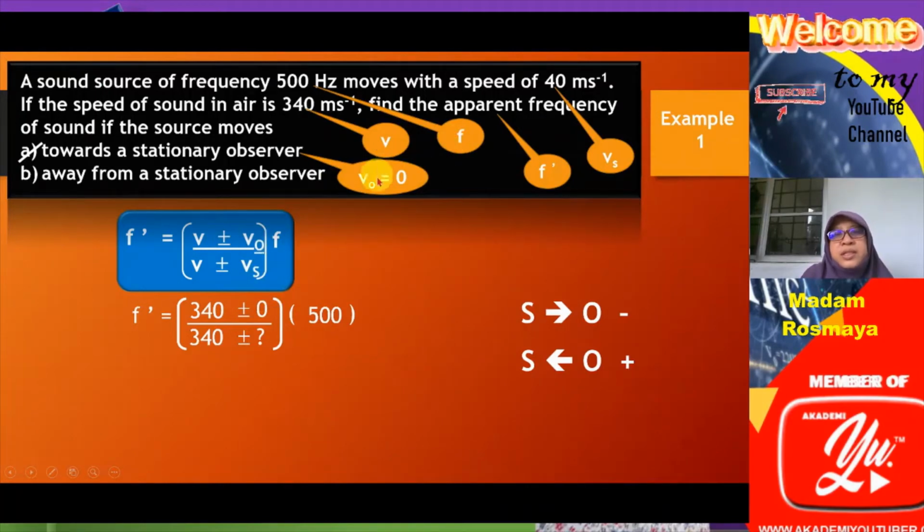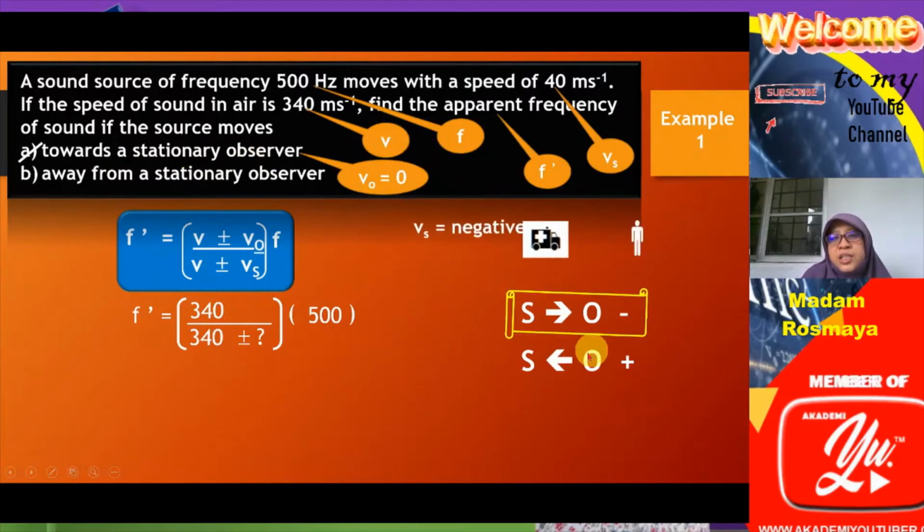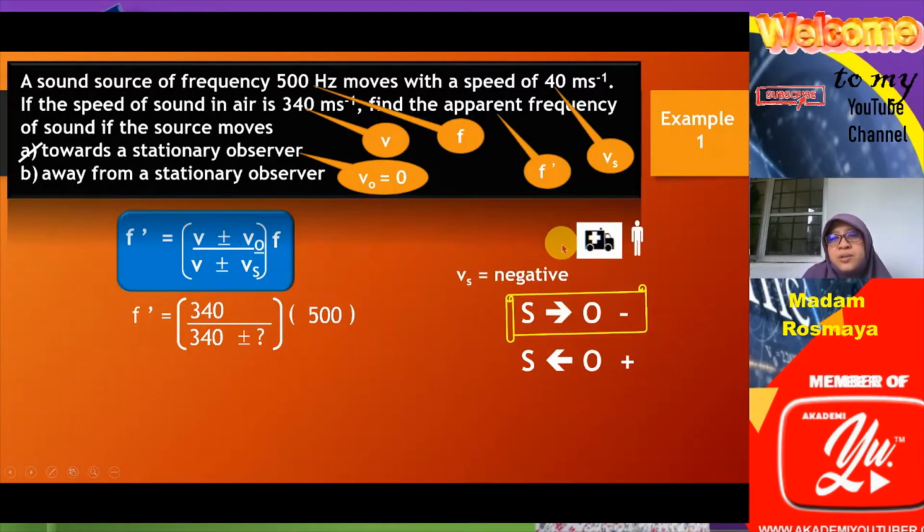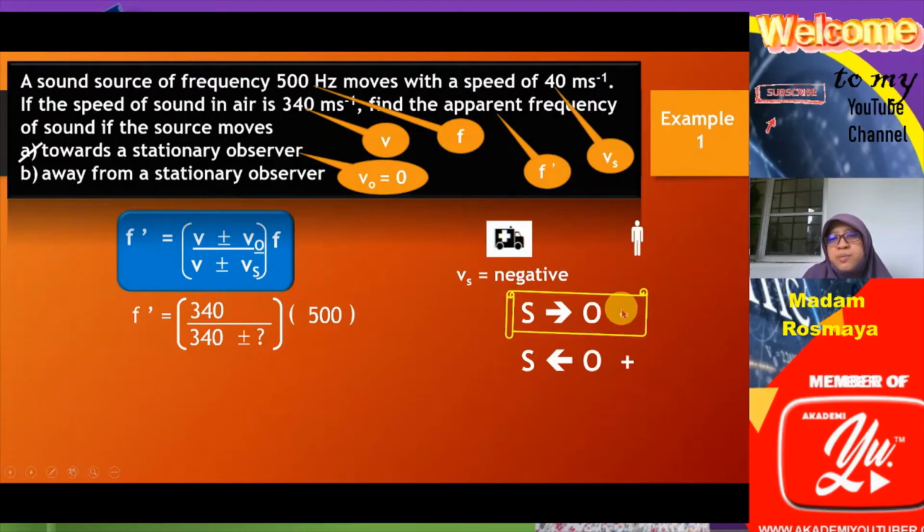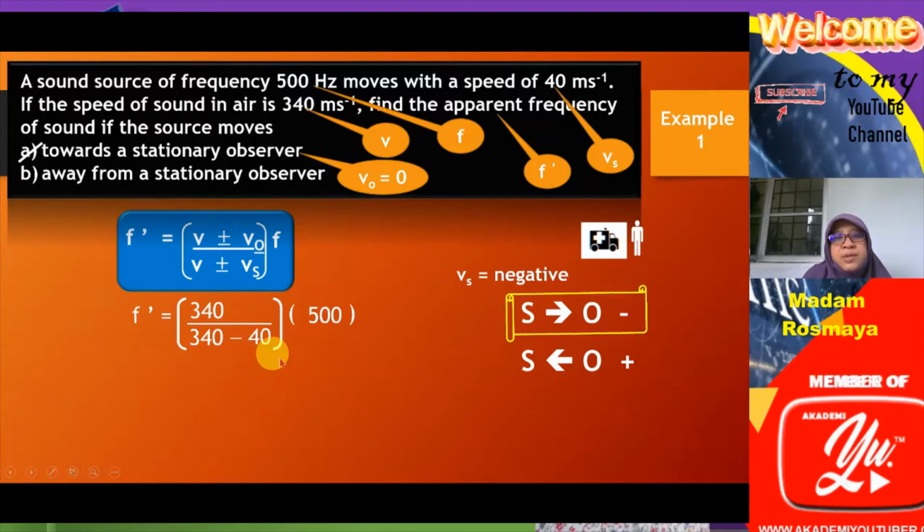The observer is stationary, so we substitute 0, and there's no need to write it. Then plus or minus vs, the sound source velocity. The source moves towards the observer, so that means minus vs. Here we put minus vs, and vs is given as 40 meters per second. Calculating, we get the answer 567 Hz.